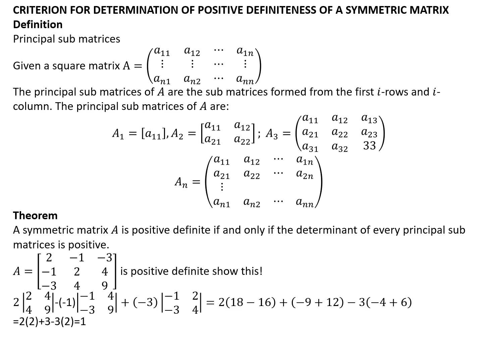Suppose we are given a square matrix, an n by n matrix A, which is given here. The principal submatrices of A are the submatrices formed from the first i rows and i columns. The principal submatrices of A are given as this.